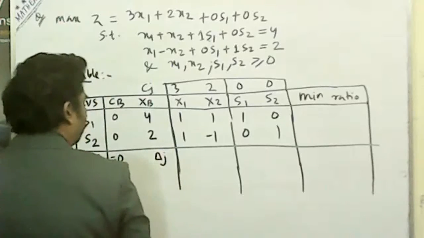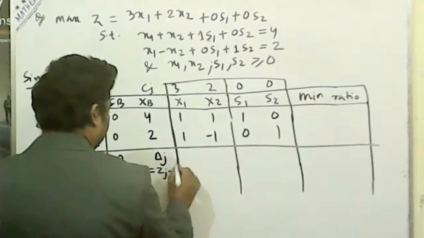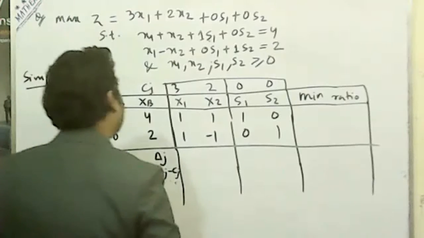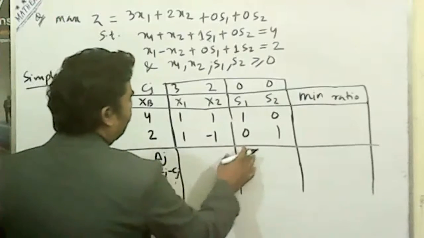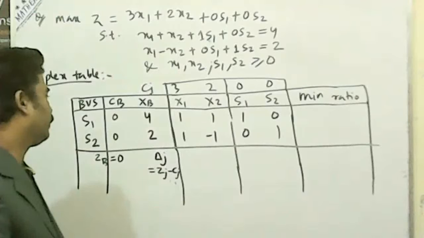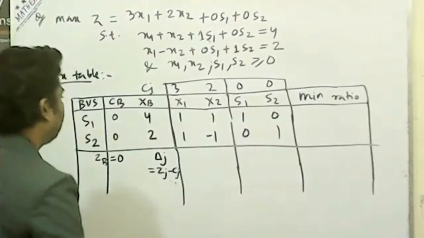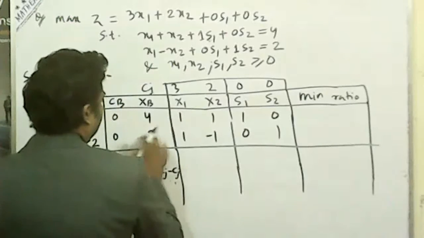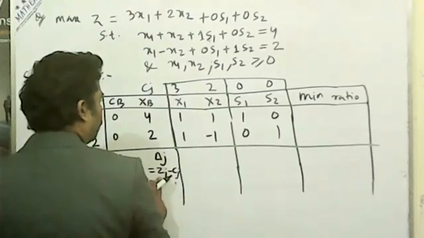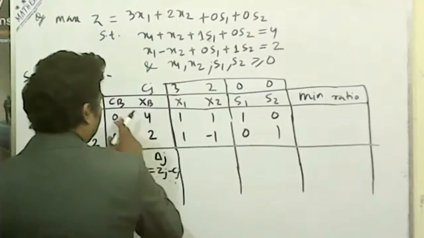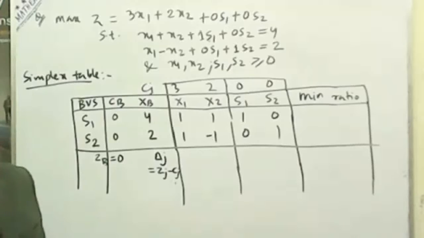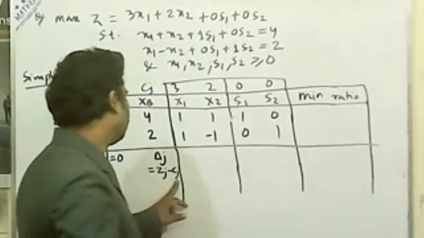Now delta Z is equal to ZJ minus CJ. So here we have delta 1, delta 2, delta 3, delta 4. First we have to find ZJ minus CJ.